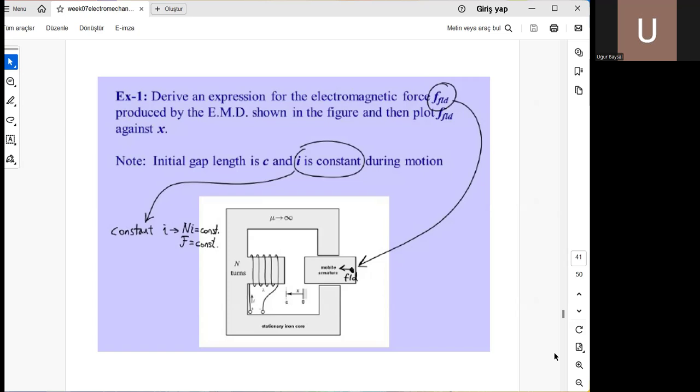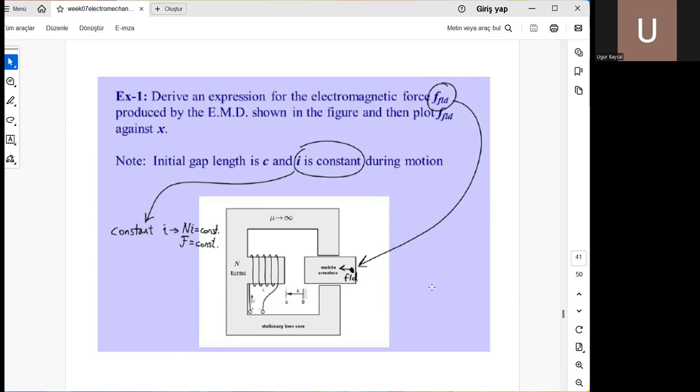As you can imagine, if we energize the coil, the plunger will hit and close the air gap. So the question asks, derive an expression for the electromagnetic force produced by the electromagnetic device shown in the figure and plot the force against x.